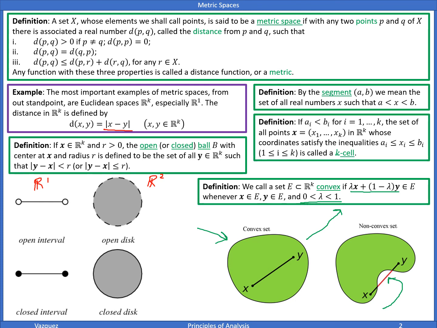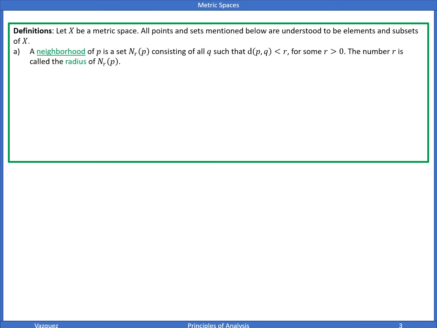With that definition, we can show that a set is convex or it's not convex. Okay, next we're going to define a bunch of things that you may have seen before. So first off, a neighborhood. We're going to let X be a metric space. All points and sets mentioned below are understood to be elements and subsets of X. So a neighborhood of P is a set we denote as N sub r of P, consisting of all Q such that the distance between P and Q is less than r, for some r greater than 0. The number r is called the radius.